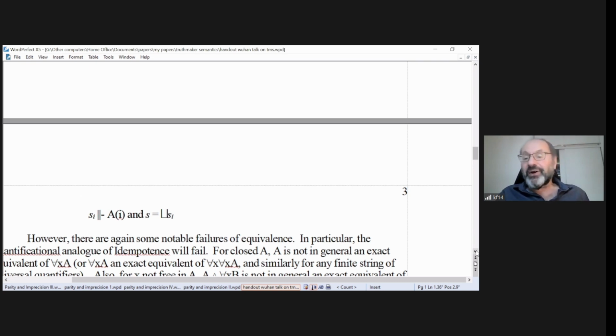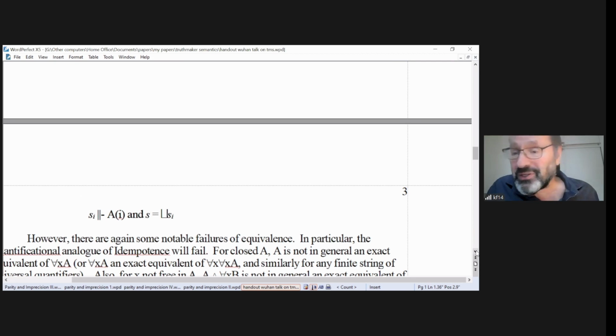And if the domain has n individuals, where n doesn't have to be a natural number here, then the truth makers for all XA will be closed under the fusions of n truth makers. So if there are at least as many individuals as there are truth makers, for all XA will just give me the inclusive content, so to speak, of A.